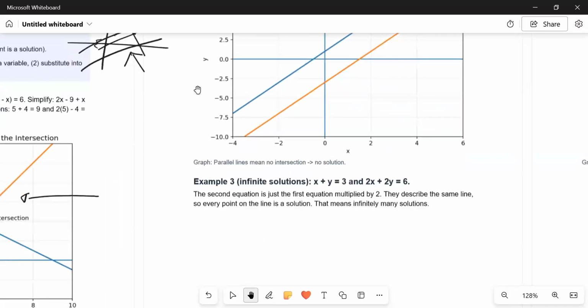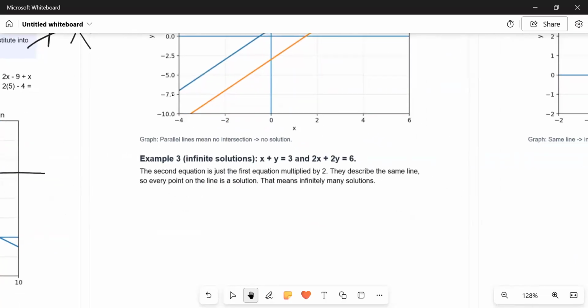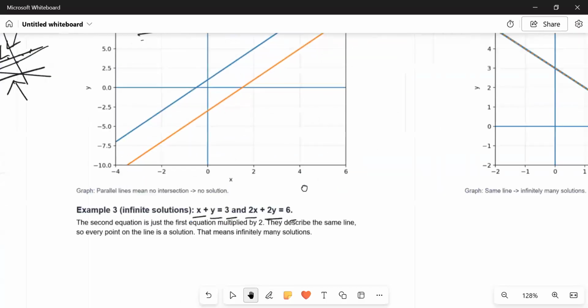And this is the one you guys were saying: x plus y is equal to 3, and 2x plus 2y is equal to 6. These are actually on the same line. If you draw it, you'll find the same line, because I'm just multiplying by 2, nothing else. So these are the same line but different equations.